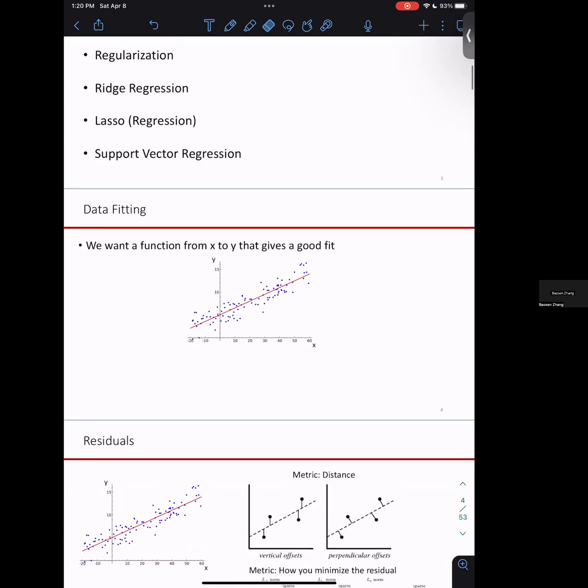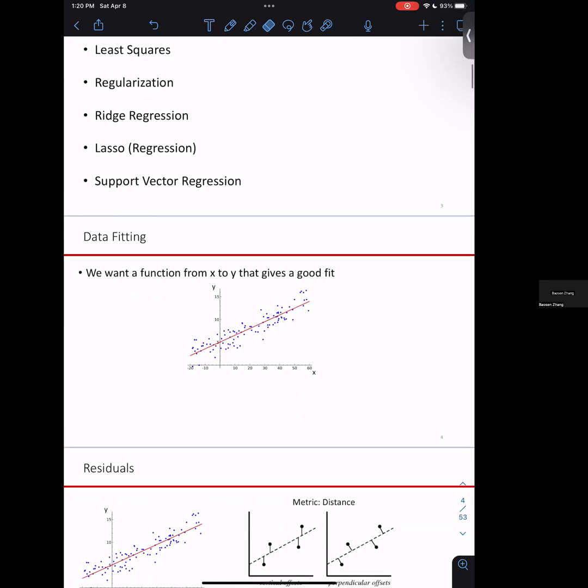So least squares answers the following question. The two questions you ask when you're trying to fit data, or trying to find a function from x to y: the first question is, what type of function are we considering? Is it linear? Is it nonlinear?